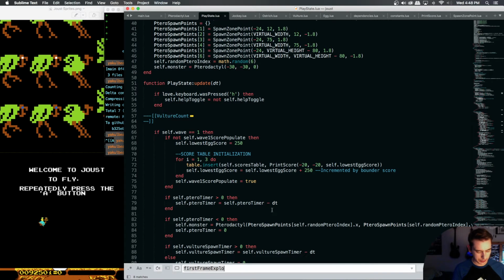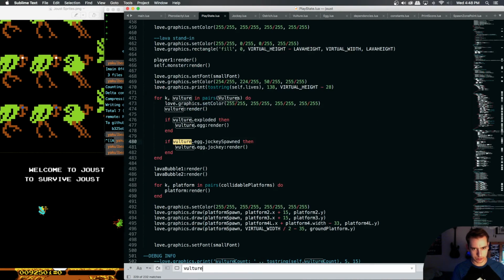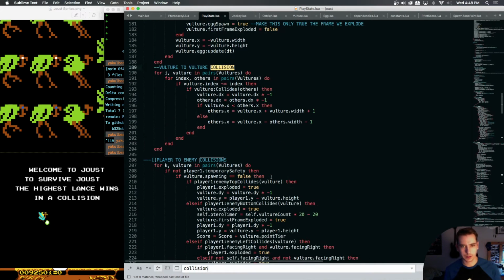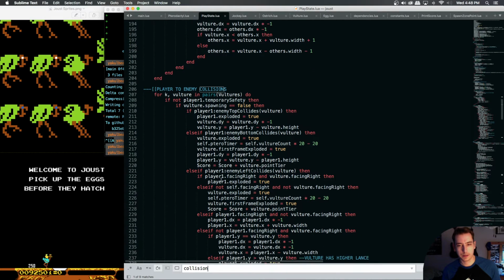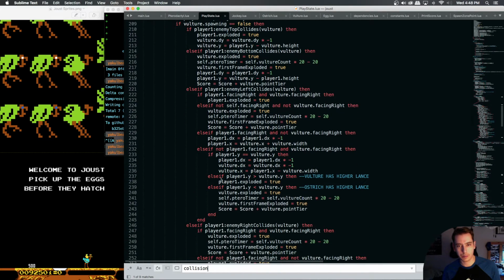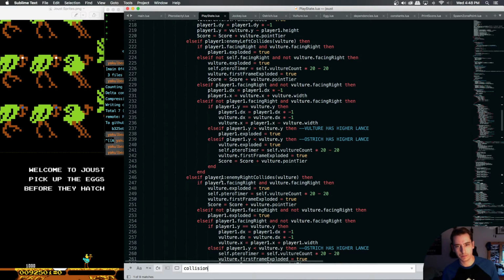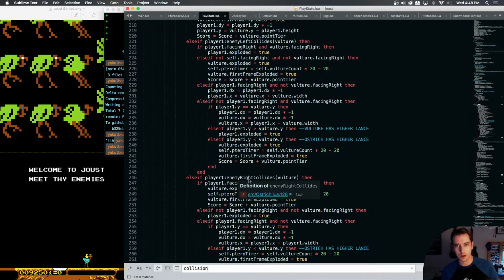In our play state, in our vulture, let's just type in collision and find where we do our player to enemy collisions. So what we just did was a player right collides. I think our player right collides function is just a little off.